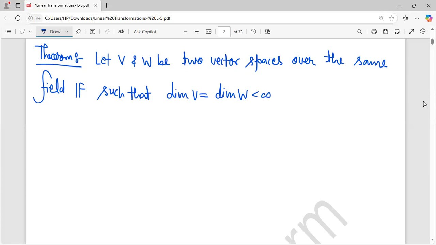It means V and W are finite dimensional and their dimensions are equal.